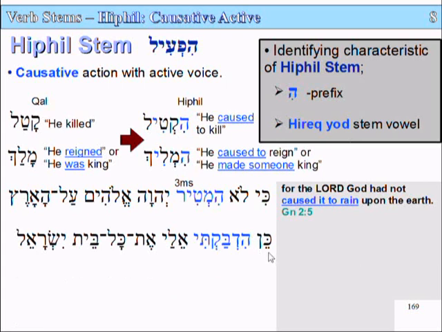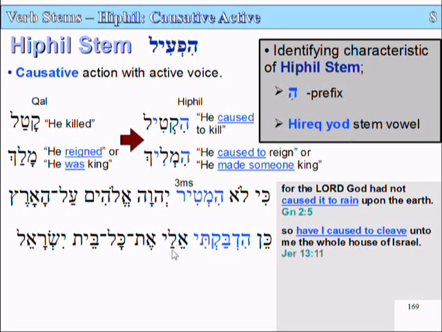Okay, the next example. Kin hidbakti elai et kol beit Yisrael. So have I caused to cleave. Davak means to cleave, and hidbik means to cause to cleave, and hidbakti means I have caused to cleave, or to attach, unto me, the whole house of Israel.